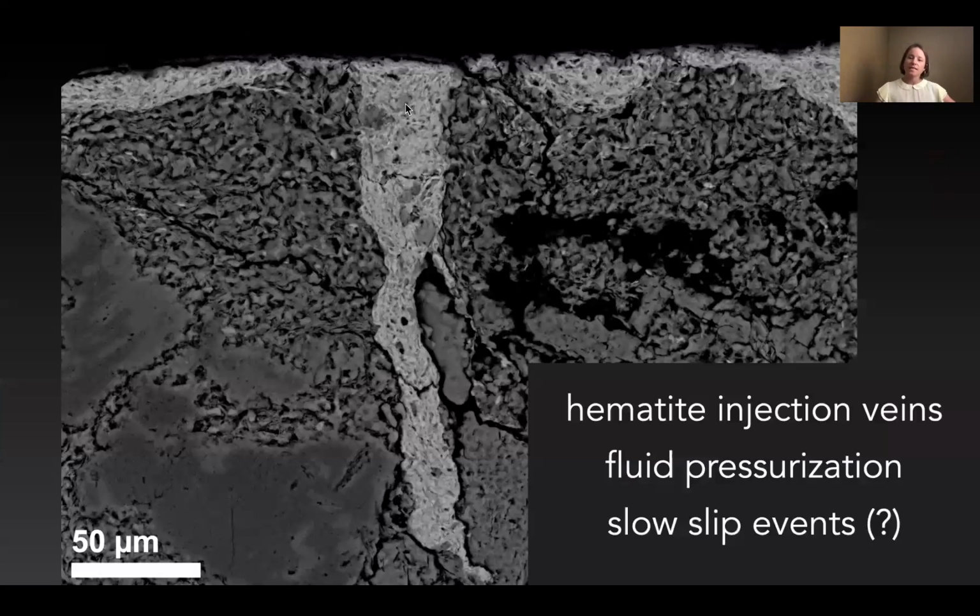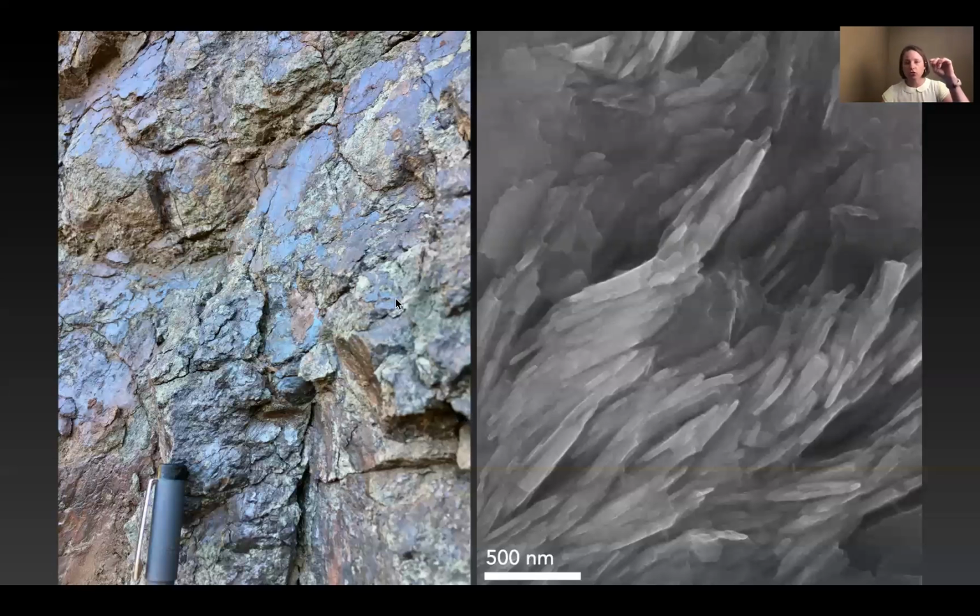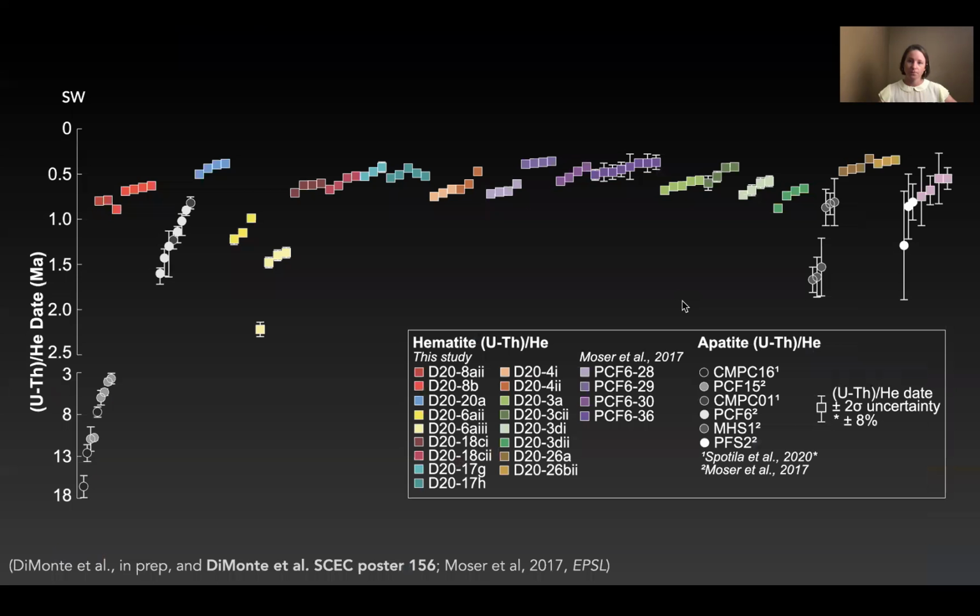Many surfaces exhibit basal hematite injection veins, which have been invoked to occur due to fluid pressurization and may be due to slow slip events. We are able to extract hematite directly from these slip surfaces, and we target hematite and pre-screen it with the SEM prior to uranium, thorium, helium analysis to ensure hematite purity and to characterize our textures.